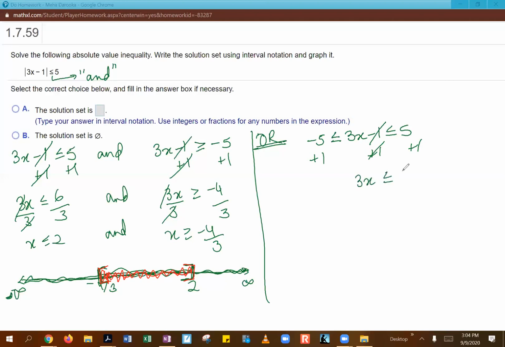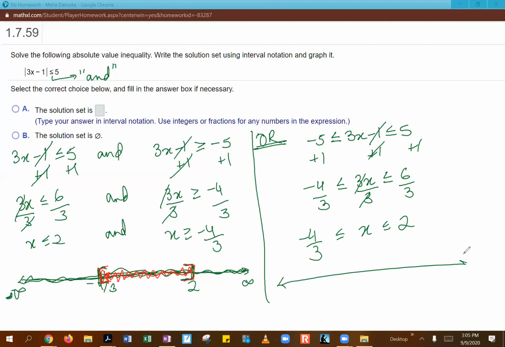And then on the right-hand side, we would have the 6. On the left-hand side, we would have the negative 4. And then when you divide it by 3, you will see we get the exact same result, but instead of being 2 separate inequalities, they're just going to be what I call being sandwiched between these 2 numbers. So between negative 4/3 and 2.